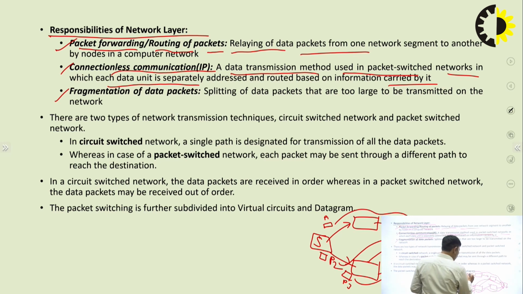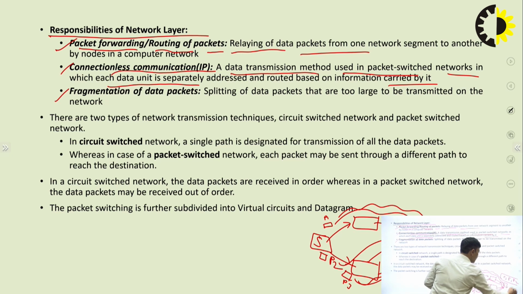It may be possible that P1 follows this path, P2 follows this path, and P3 follows this path. When P3 comes to this node, it is delivered very fast to the destination. But P1 somehow gets stuck in the communication, in a congested path. So P3 is delivered first, then P1, then P2.